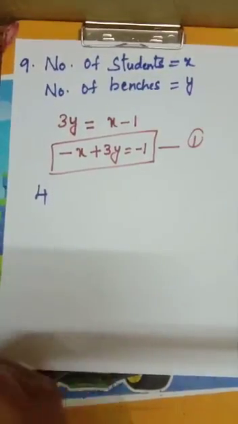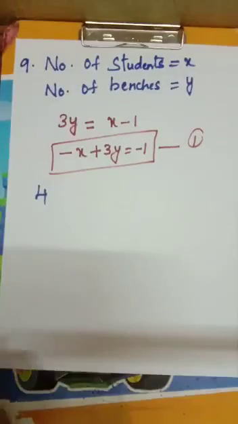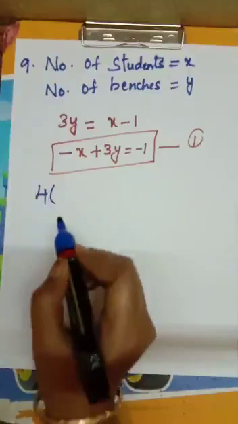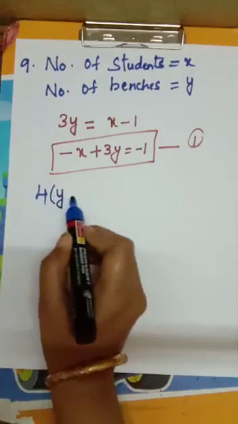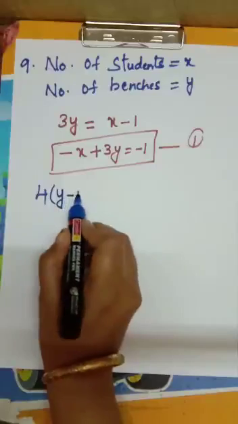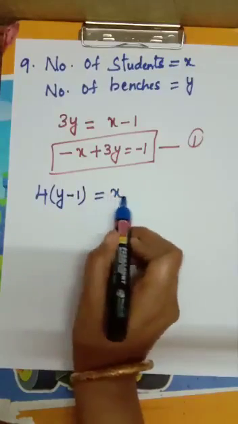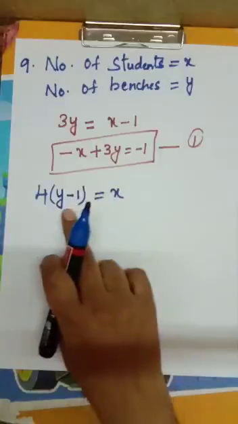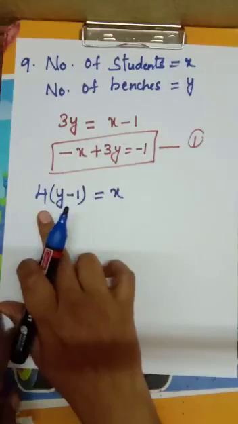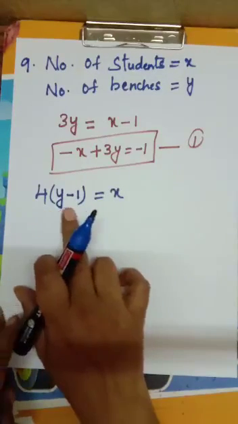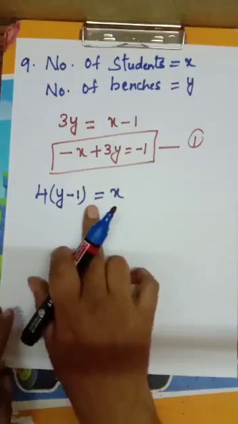If 4 students sit on each bench, one bench will be left, but students will be covered. पूरे बच्चे तो बैठ जा सक रहे हैं लेकिन एक बेंच रह जा रही. This way you have to put the equation.